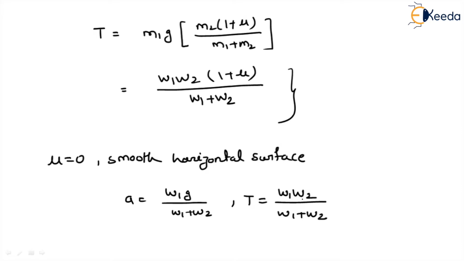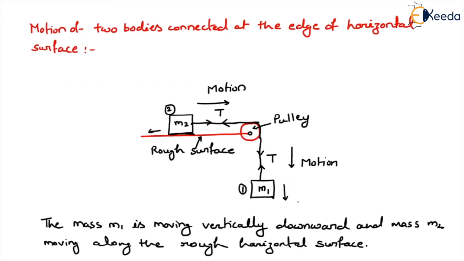Now if we want to define the pressure on the pulley, that pressure on the pulley should be equal to the vectorial sum of tension T1 and T2 induced in the string which is lying on two sides of the pulley. Here we are considering this particular string and the string is passing over the pulley.